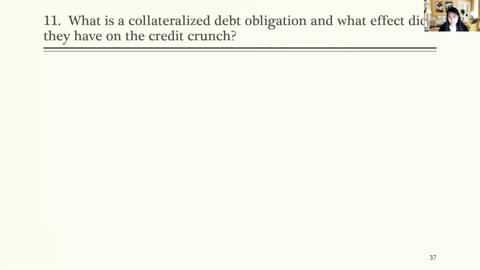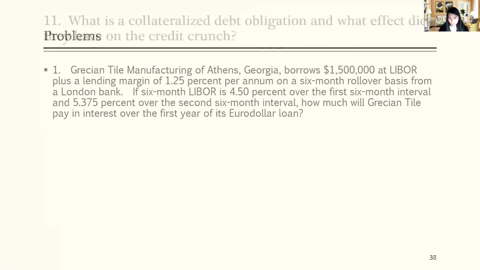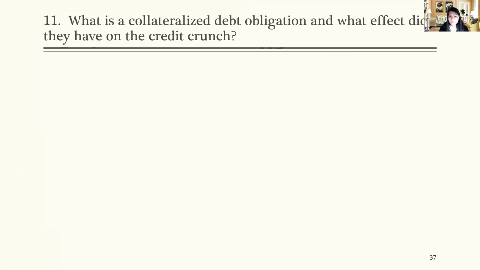Question 11 is something that we have also touched on before. For this question, it is, what is a collateralized debt obligation and what effect did they have on the credit crunch? Collateralized debt obligations are similar to the structures that we discussed before.